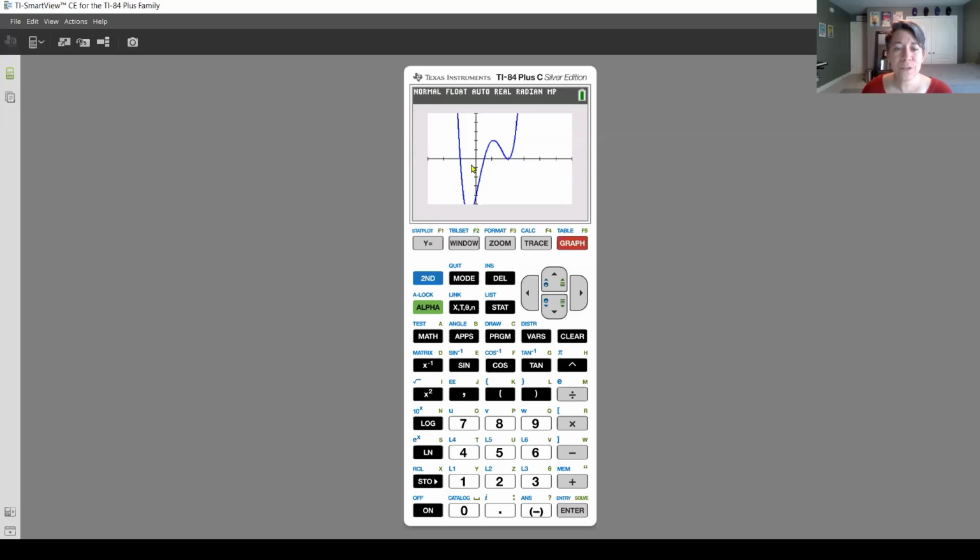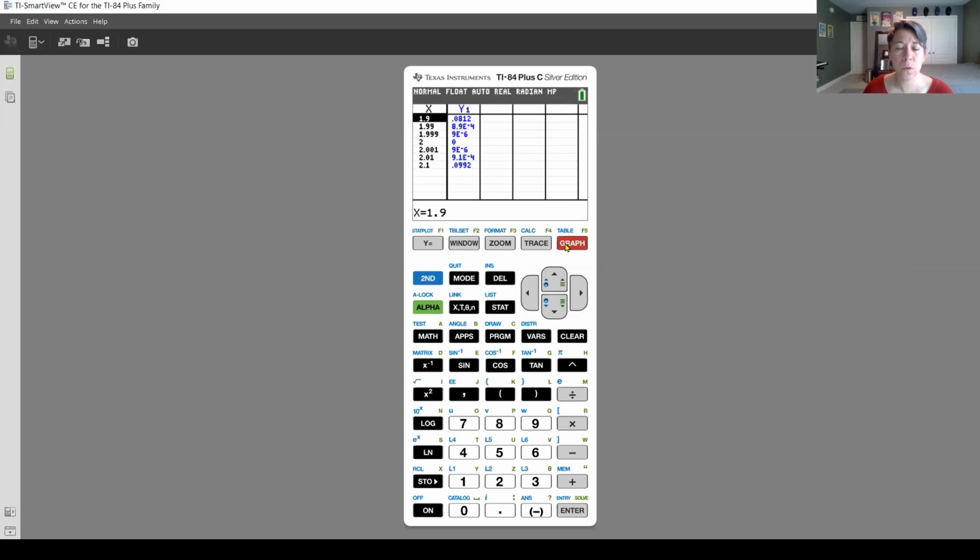Another thing we can do, though, is see this word table above graph. If we hit second function table, we can actually put in values for x, and it will automatically give us the values of y. For example, when we plugged in 1, we got a 2, and that's how we knew it wasn't a 0.